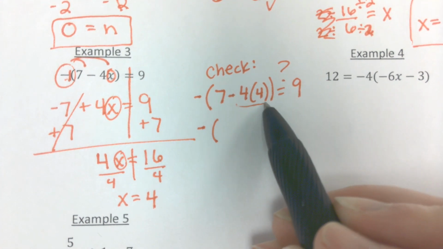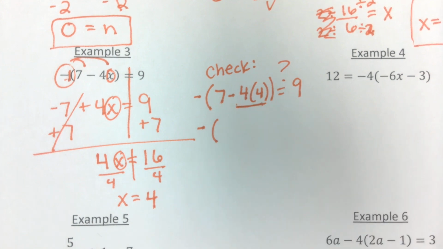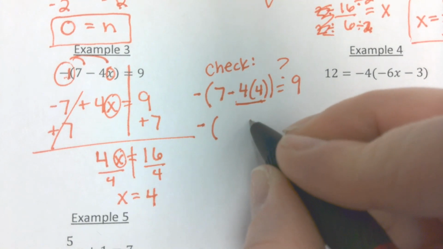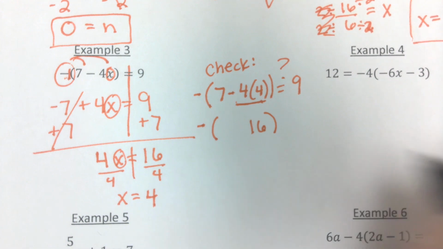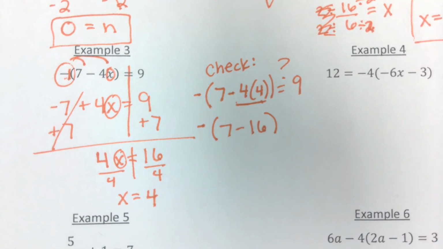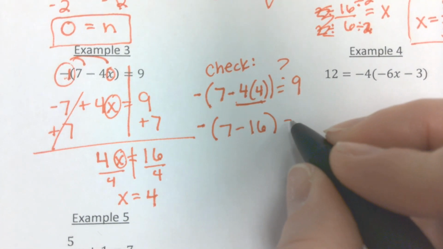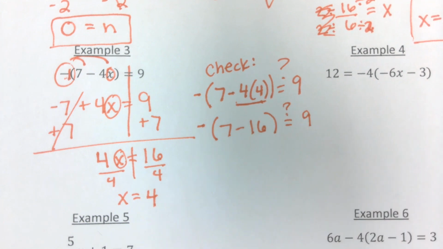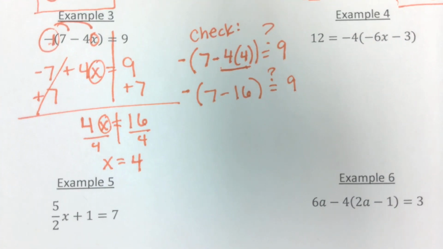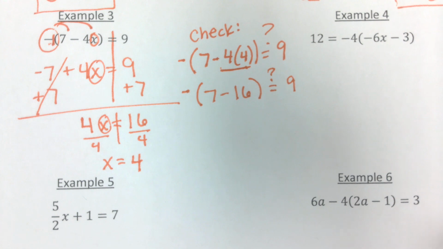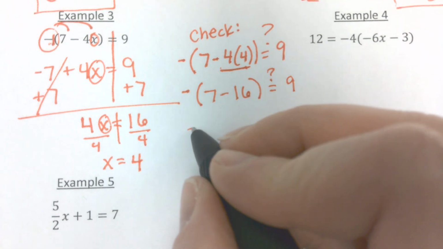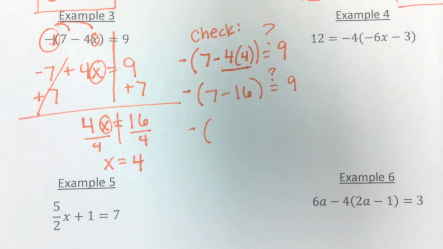So we would need to go ahead and multiply that. 4 times 4, 16. And 7 minus 16. So we have a negative 7 minus 16.